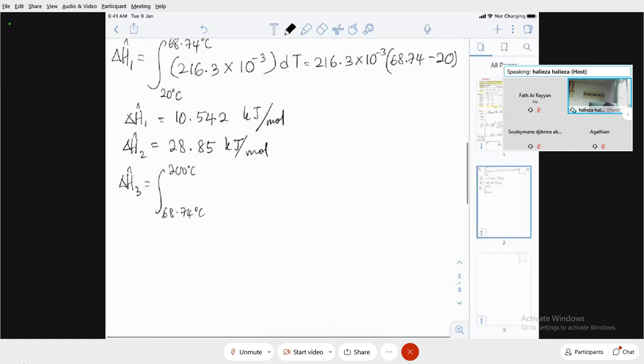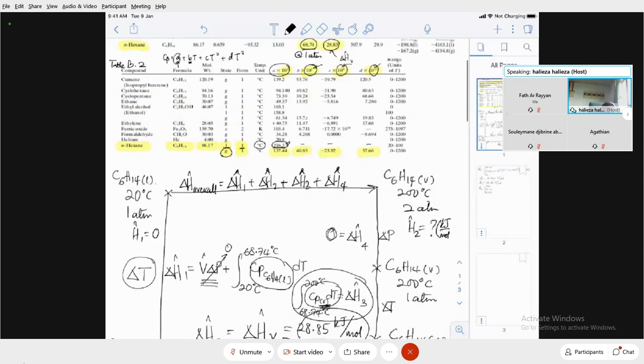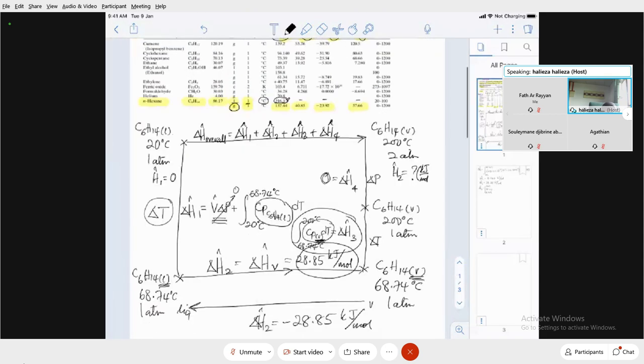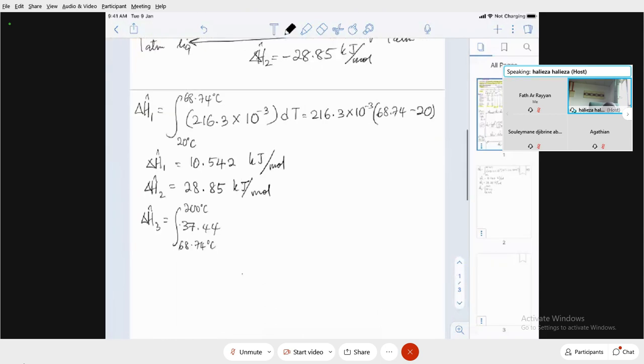That is going to be 137. Sorry, guys, 137.44 times 10 to the power of negative 3.